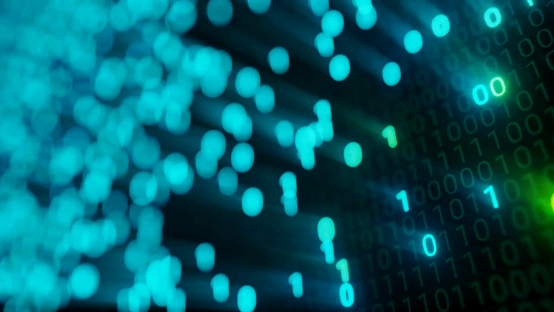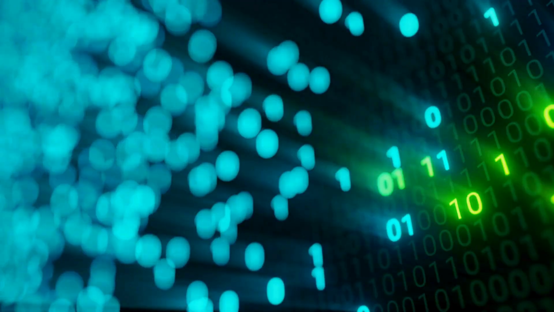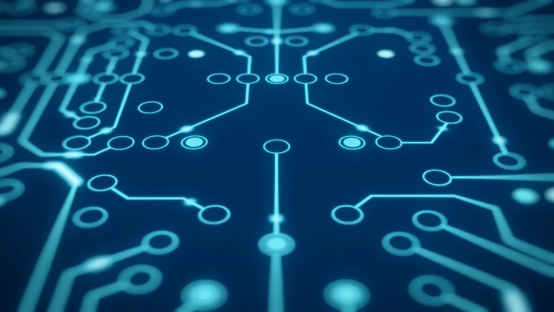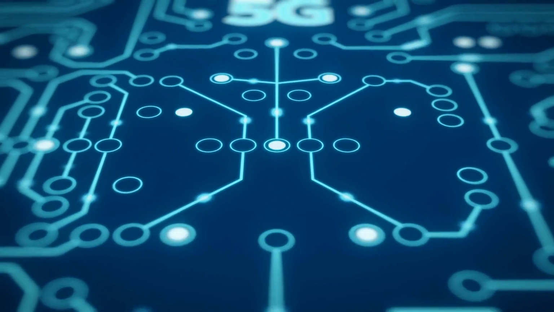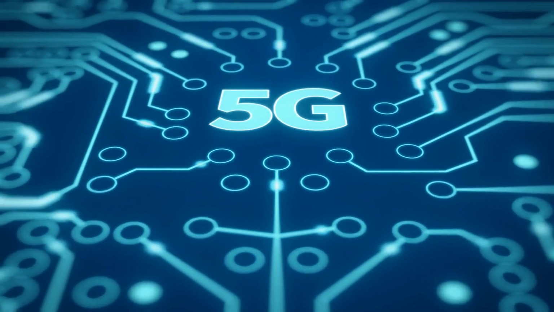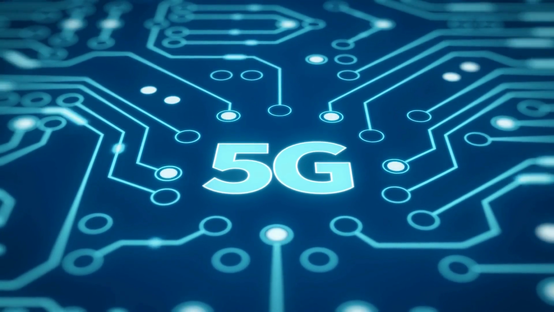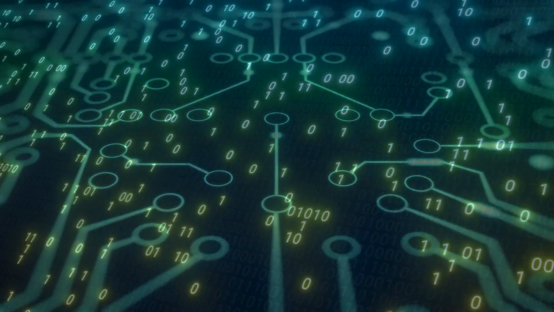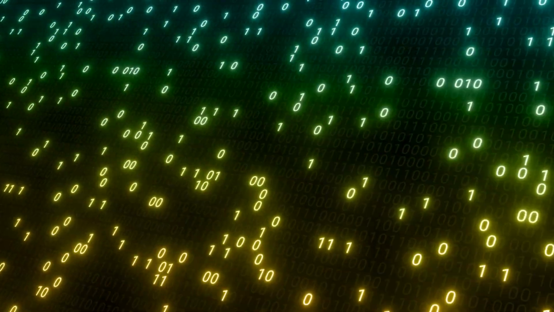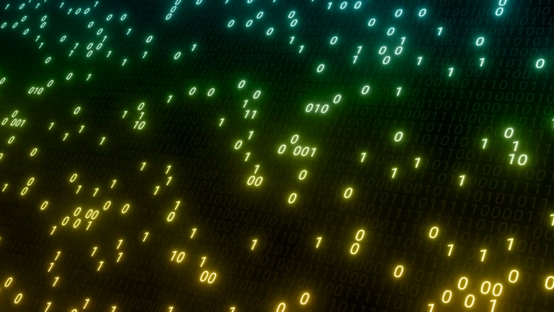Routers use protocols to communicate and make routing decisions. One common protocol is the Internet Protocol, or IP, which defines how data is addressed and delivered. In larger networks, routers may use additional routing protocols like OSPF or BGP to determine the best path for data to travel.